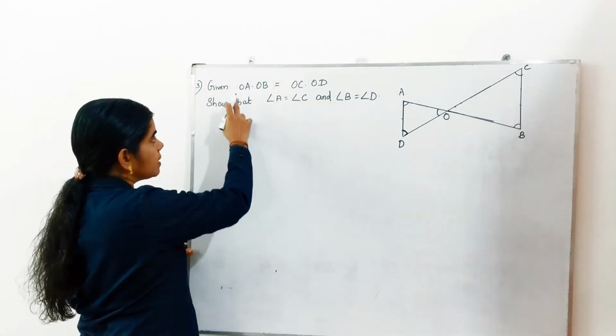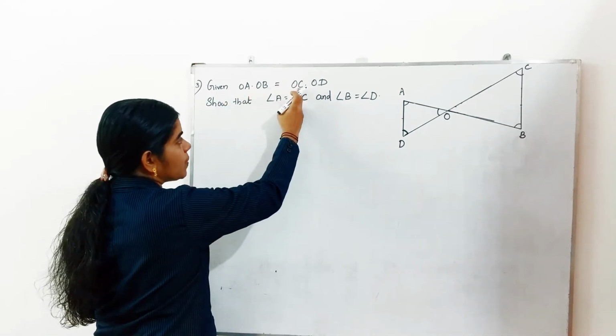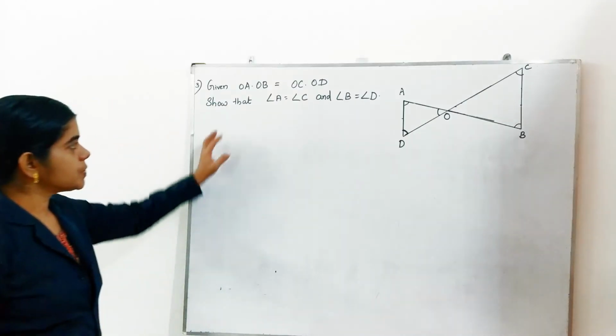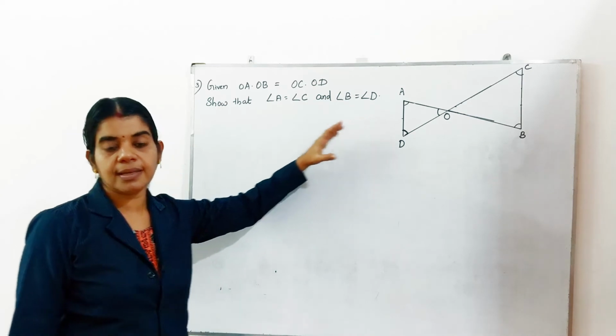Next instance, given OA dot OB, that means OA into OB is equal to OC into OD. Show that angle A equal to angle C and angle B equal to angle D. That you want to show.